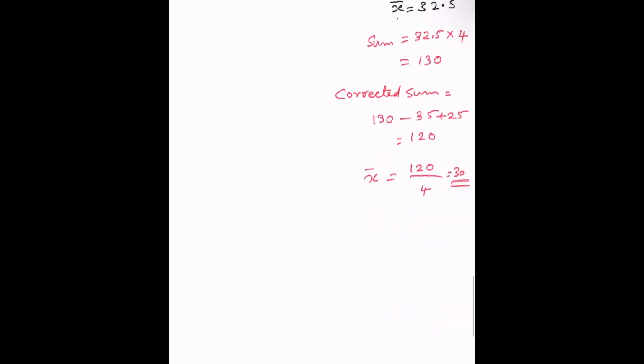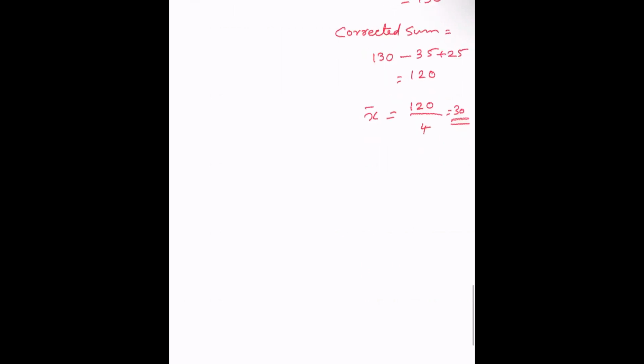Next question. In the half-yearly examination of class 9 of a school, the mean marks scored by boys is 52, and the mean marks scored by girls is 48.